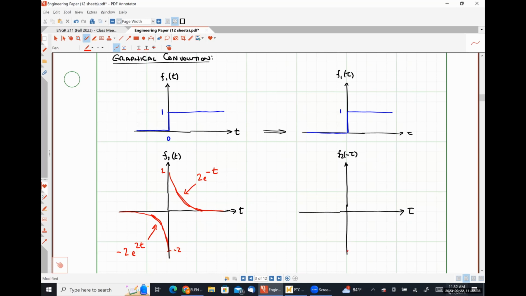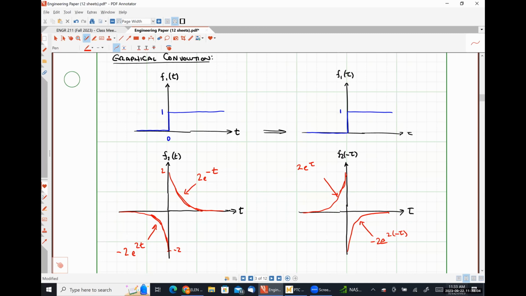So we're going to have something like this, where this looks like -2e to the 2 times negative tau. We're going to have this bit right here, which looks like 2e to the positive tau.